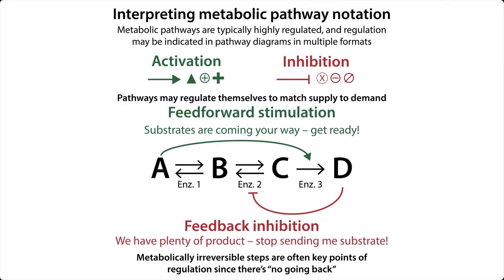This can be through things like allosteric regulation, where you have a substrate bind to the enzyme and activate it. Or you can also have feedback inhibition, where you have downstream products that go and inhibit an upstream enzyme. And again, you're often going to see these happening at reactions that are going to be metabolically irreversible.